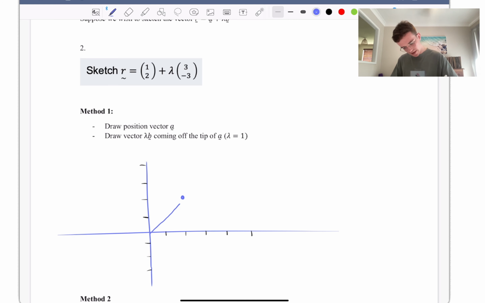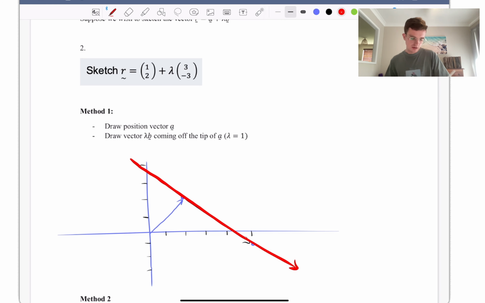So that's our vector A. And then we're sketching (3, -3). So we're going across 3, 1, 2, 3, and down by 3, 1, 2, 3. So it's going to be over here. So that's my second vector there. Then we can go over that and draw the vector equation of the line. So that is my line there.